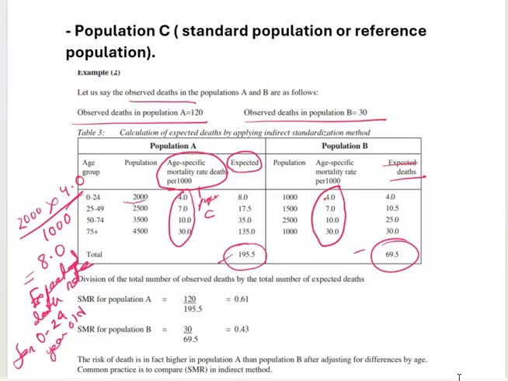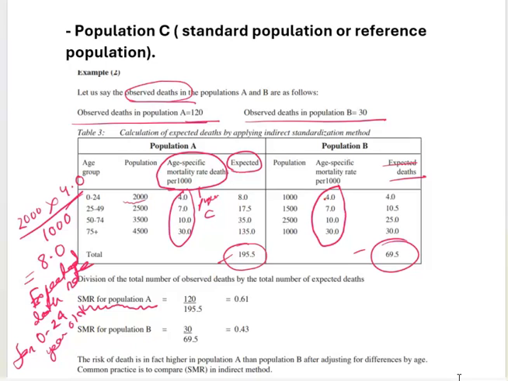So now we are going to calculate the standardized mortality rate, SMR, for population A. We will take the observed death in population A, which is 120, divided by the expected death in population A, which is 195.5.